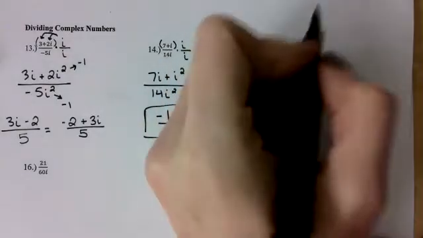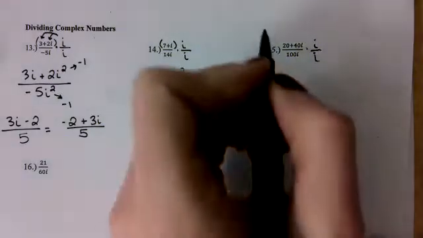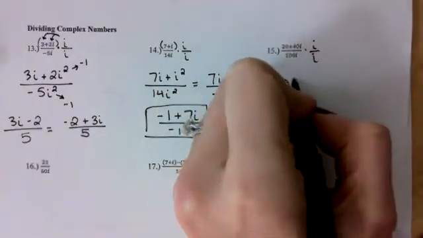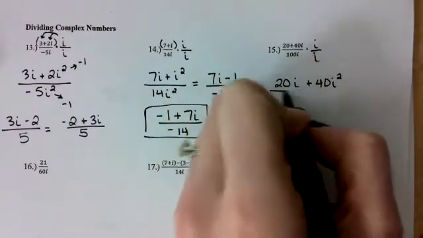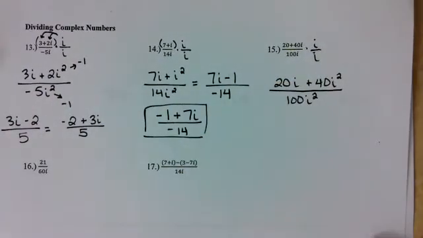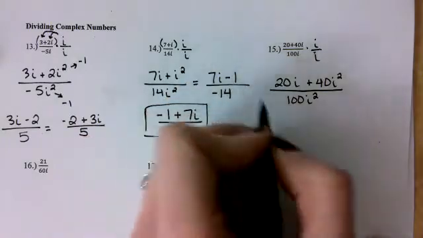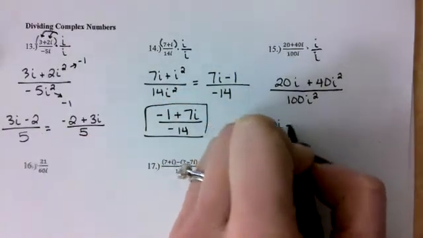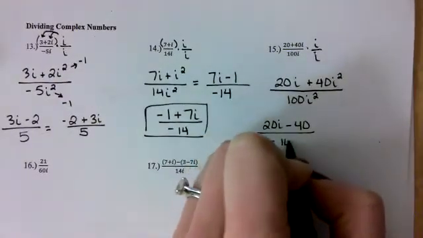For the next one, multiply by i on the top and the bottom. This gives me 20i plus 40i squared all over 100i squared. All the i squareds turned into -1s. So 20i minus 40 over -100.